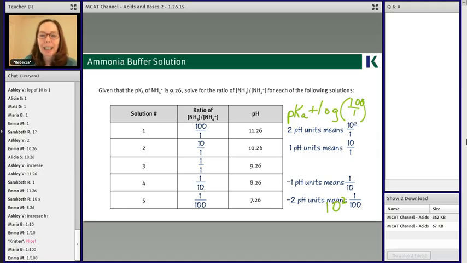So when you see this, pH equals pKa plus log of the conjugate base over the acid, any fear of Henderson-Hasselbalch anymore? Any worries about what this equation is telling you?